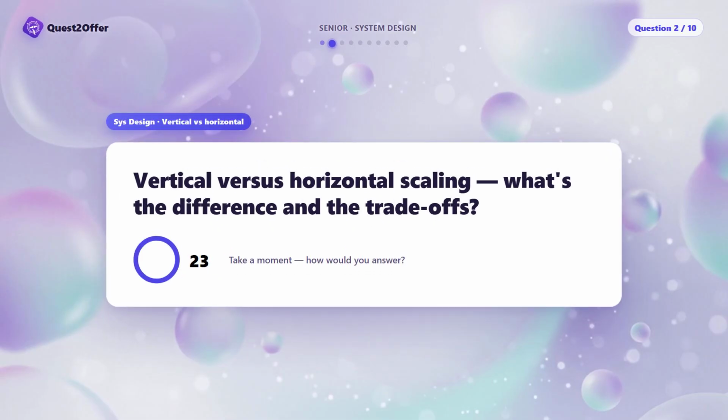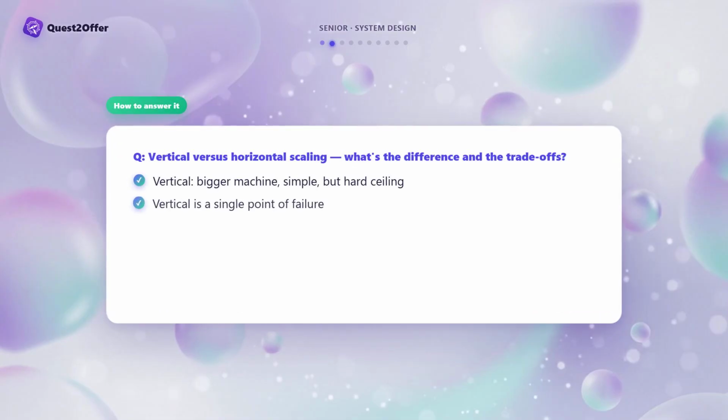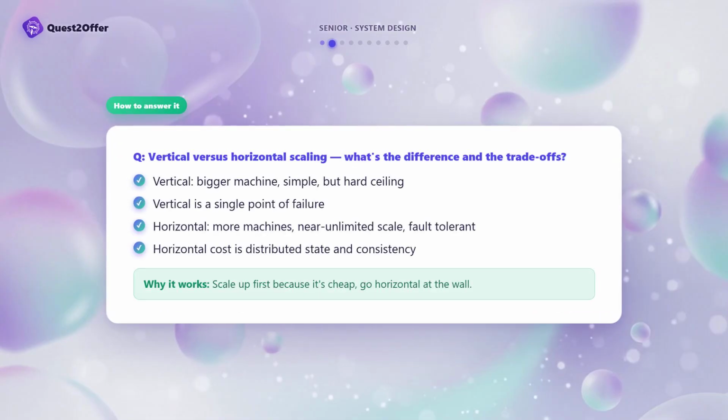Vertical versus horizontal scaling. What's the difference and the trade-offs? Vertical means a bigger machine, more CPU and RAM.